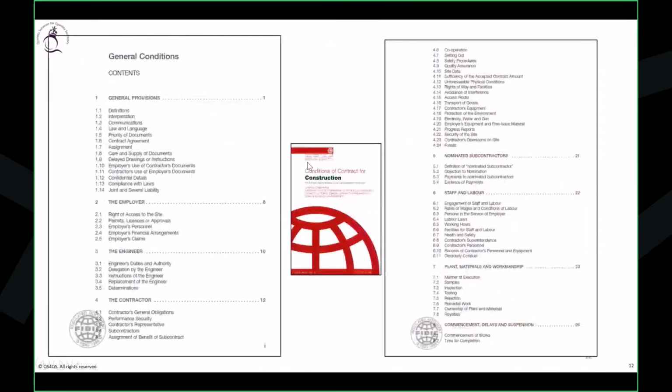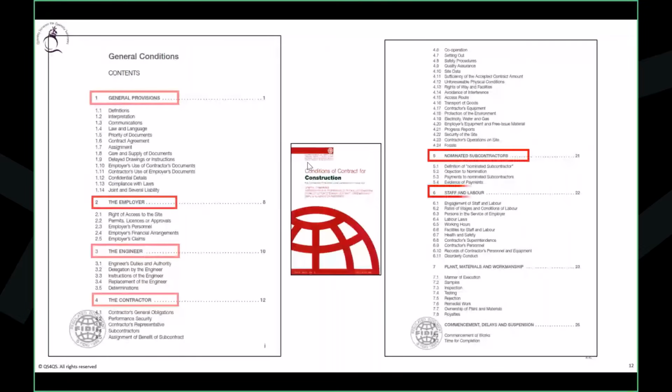In 1999, we have 20 major clauses. General provisions talk about the important parts of the contract, and the employer clause talks about the key roles and responsibilities of the employer, like the engineer, contractor, nominated subcontractor, staff and labor, plant, materials, and so many things. Commencement, how to commence the project.